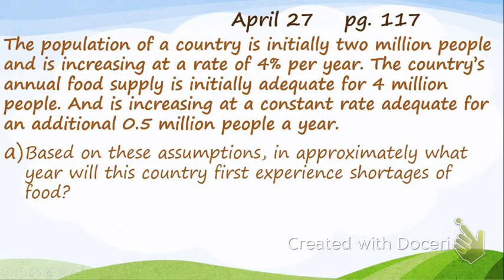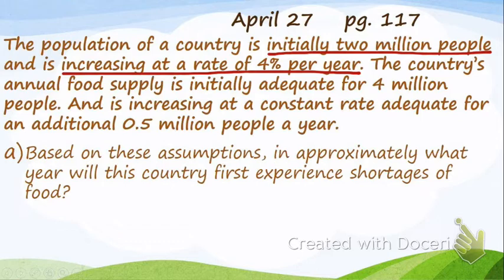So the population of the country that's being described, right now it's 2 million people, and it is increasing at a rate of 4% per year. The country's annual food supply right now is adequate for 4 million people.